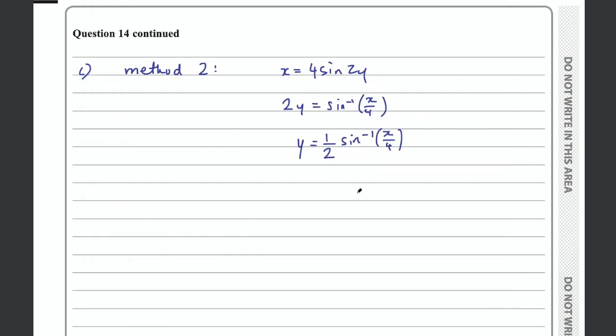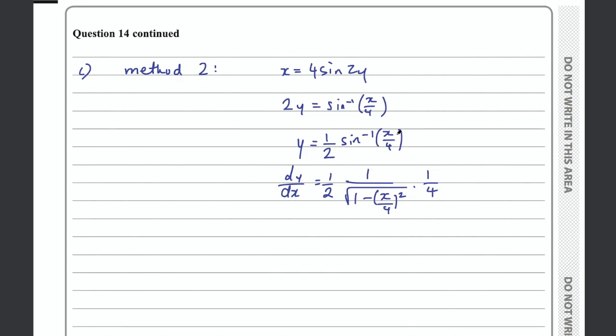So for the derivative of this, we're going to have dy on dx equal to a half. That constant we can effectively ignore. For this arcsine, we'll have 1 over the square root of 1 take x on 4 all squared multiplied by the derivative of x on 4, which is a quarter.